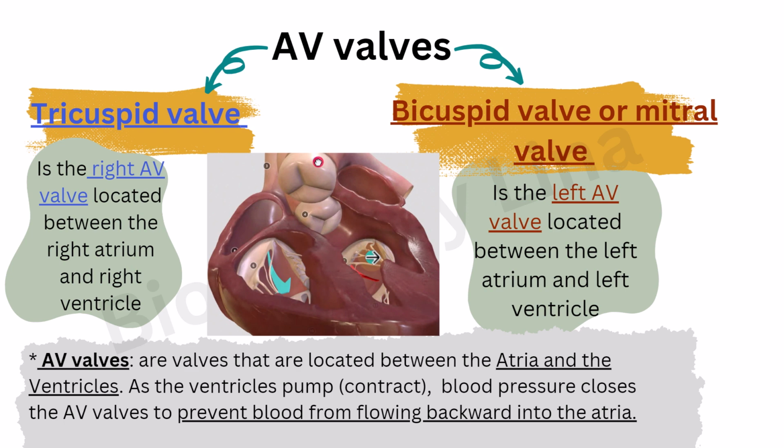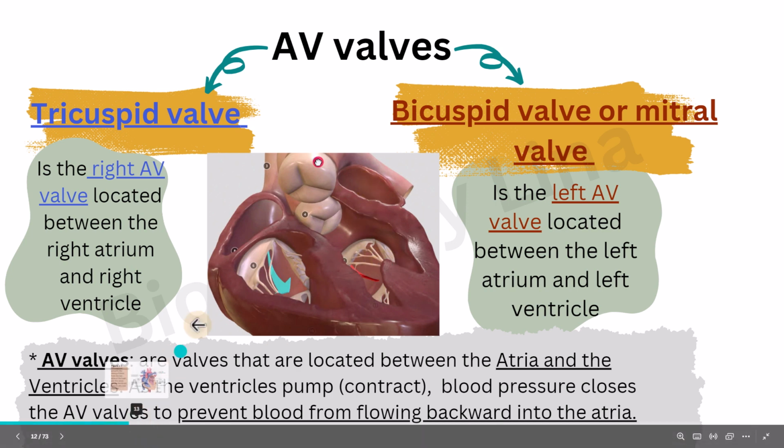The bicuspid valve, on the other hand, has three names. We can say it's the bicuspid valve, the left AV valve, or the mitral valve. This valve is located between the left atrium and the left ventricle. What is the main function of these AV valves in general?